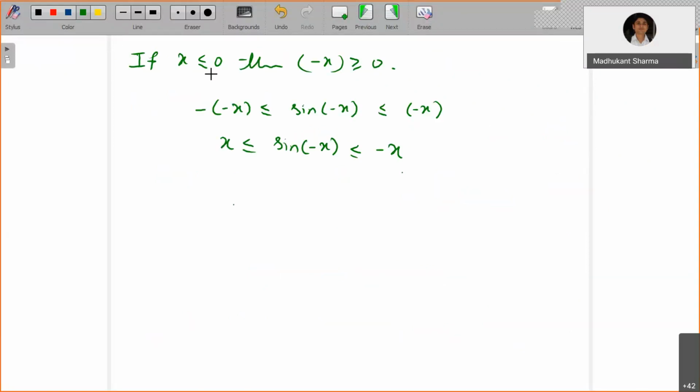By using the previous result, if x is less than or equal to 0, then minus x is greater than or equal to 0.